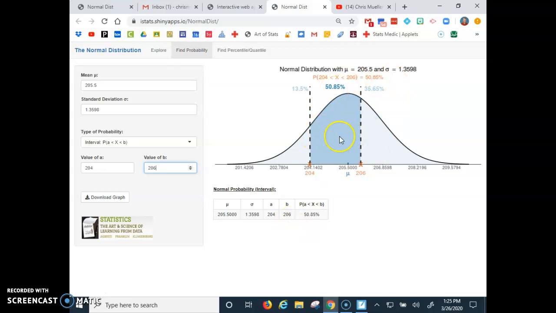And so again, this shaded region is between those two values. So here's the percentage, 50.85%. So a little over half of samples of size 40 women will have a mean between 204 and 206 centimeters. But again, we need to change that over to a probability.